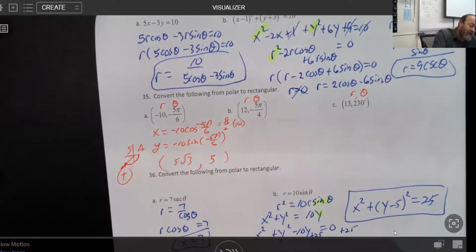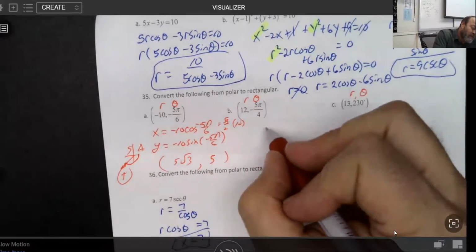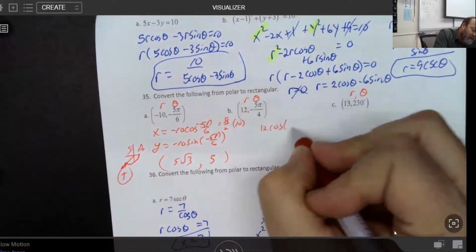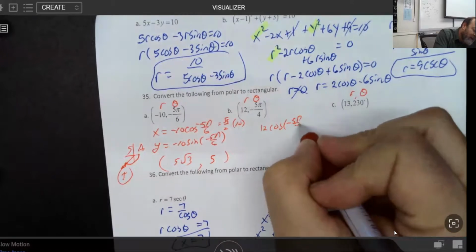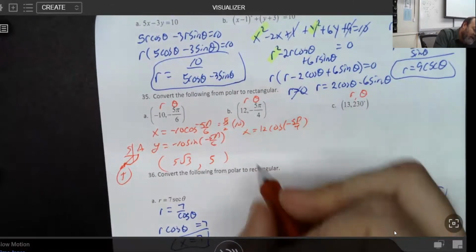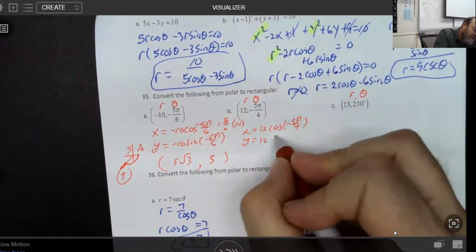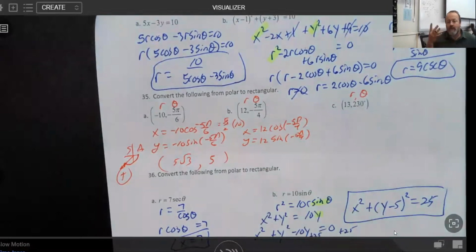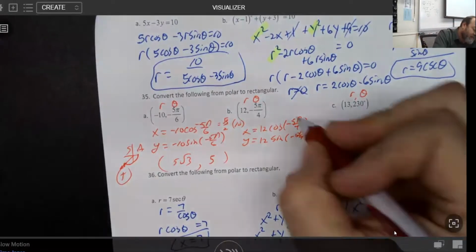And then in a similar way, we should know that r cosine theta would give me the x value, and in the same way r sine theta would give me the y value. And you just want to remember that the cosine and the sine of any kind of pi over 4 is root 2 over 2.